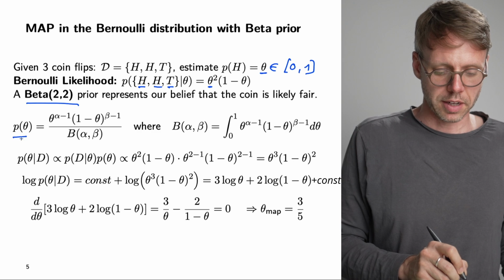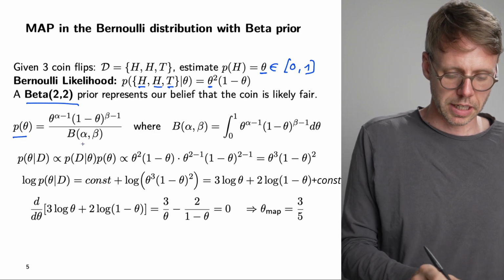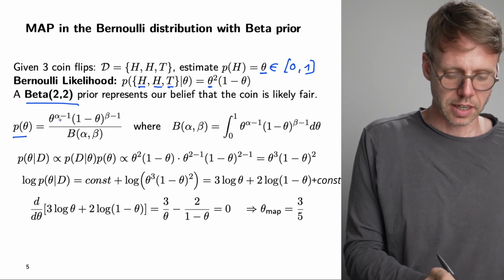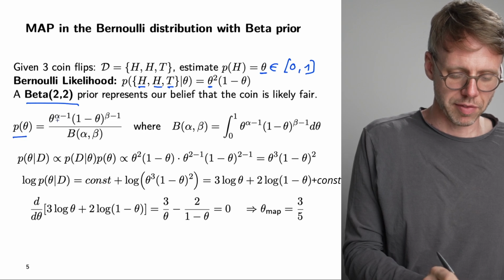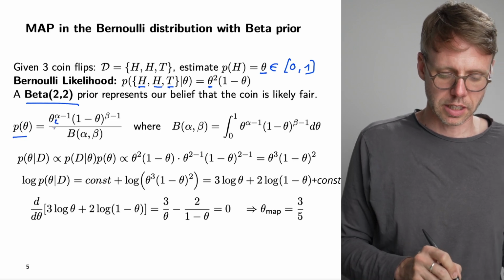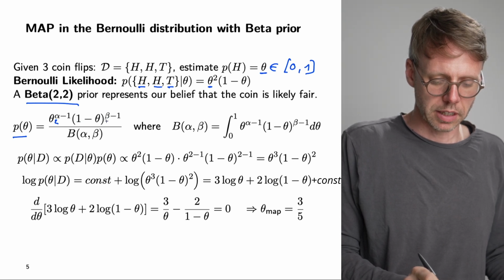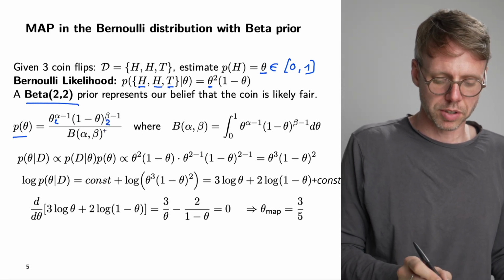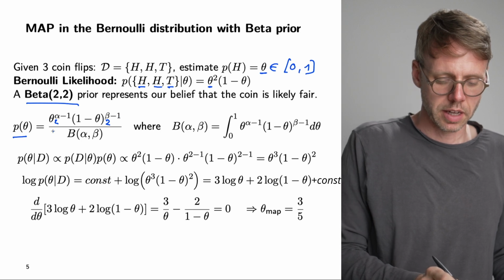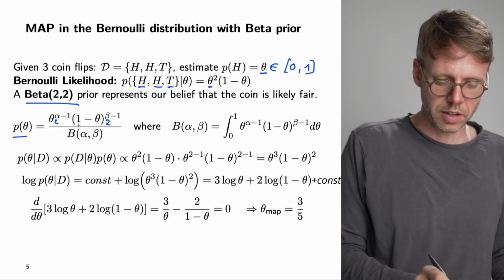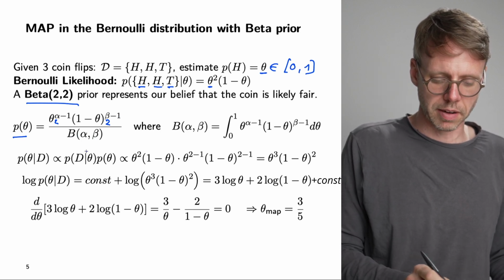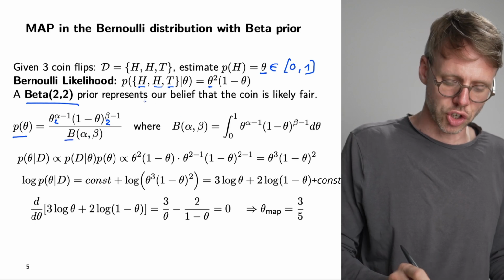The prior distribution is given by this beta, which has the form of theta to the power of alpha minus 1, where alpha in our case is 2, times 1 minus theta to the power of beta minus 1, which again said in our example is 2 minus 1, divided by B of alpha, beta. And this B here is the so-called beta function.